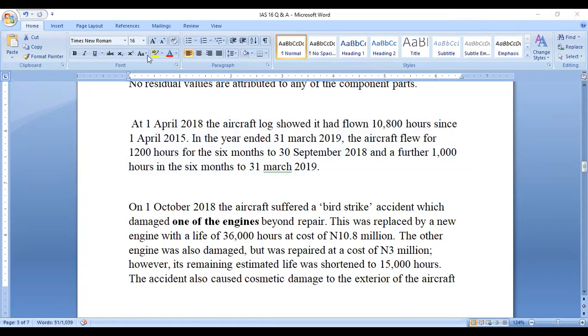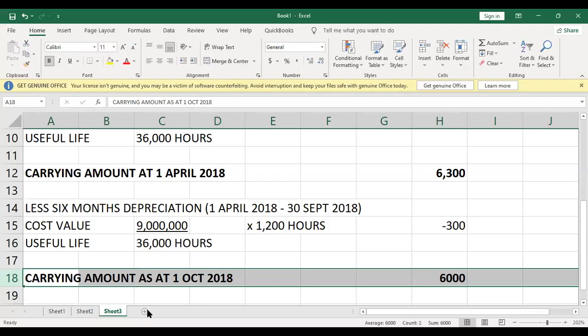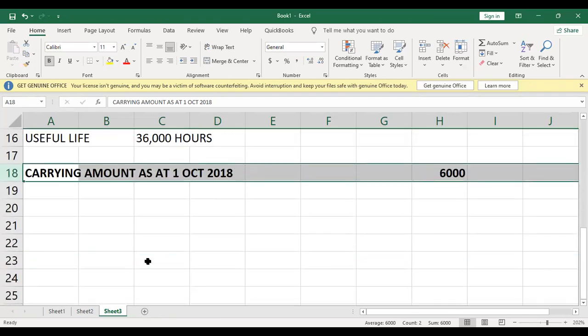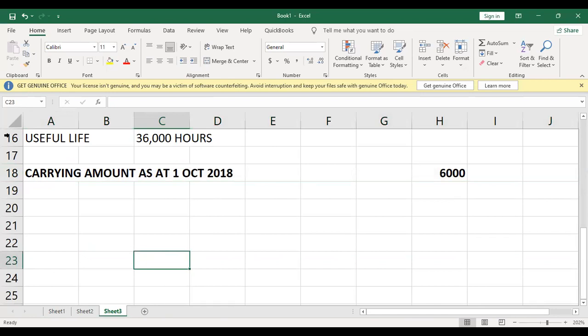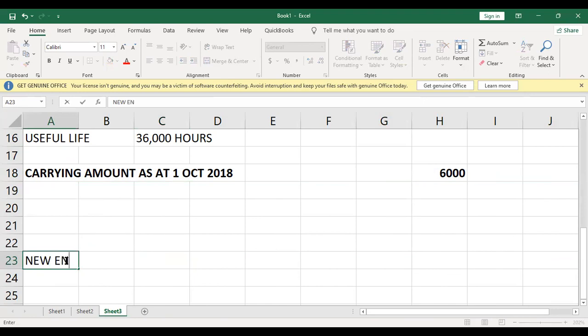Okay, so what is the cost of the engine now? 10.8 million, this new engine.